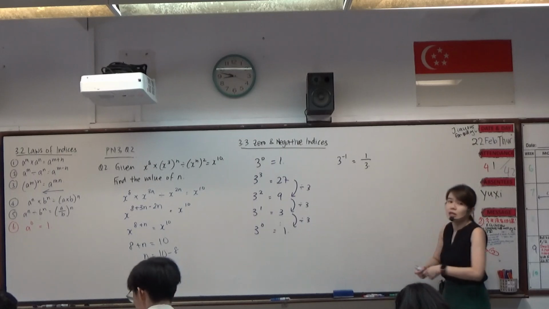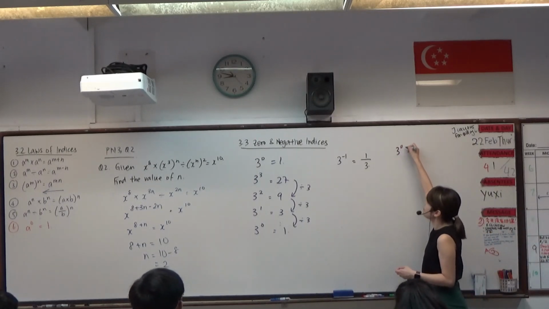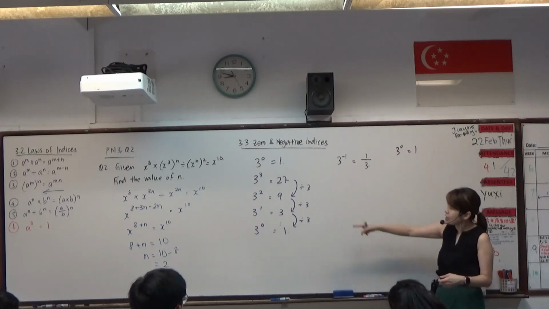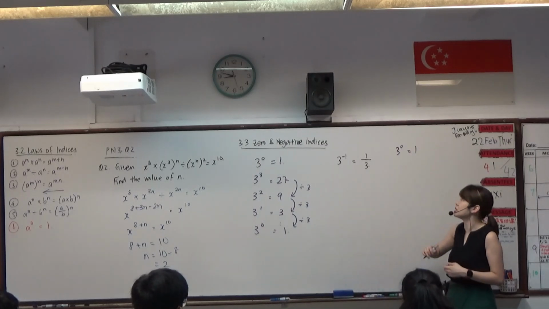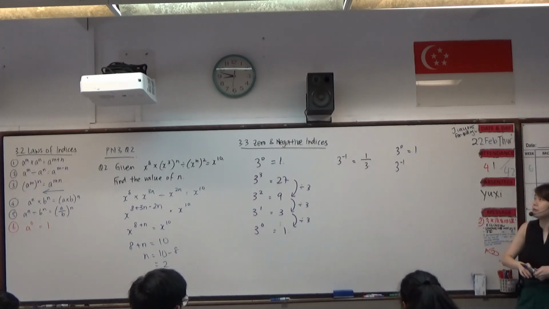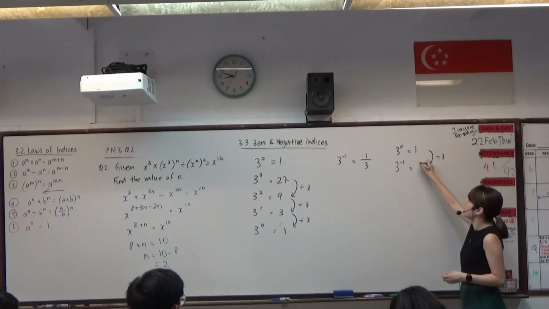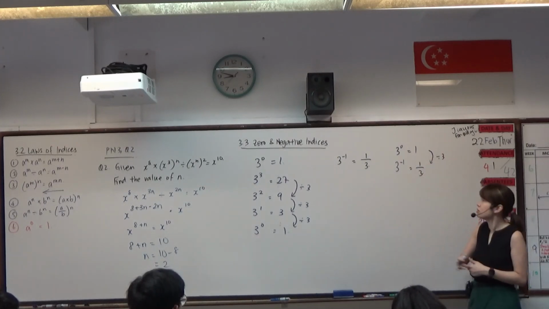Now we continue from here. We know that 3 to the power of 0 is 1 already, and the pattern that we're observing is a division by 3. So the next integer of our power will be negative 1. Dividing by 3 gives us 1/3.